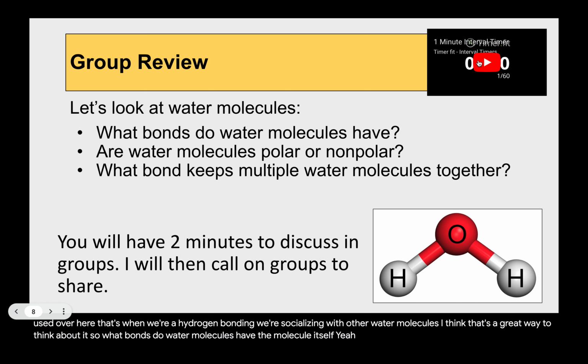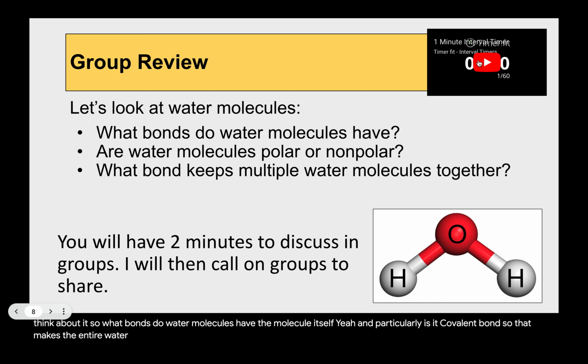Covalent, yeah. And particularly, is it polar or non-polar? Polar, yes. A polar covalent bond. So that makes the entire water molecule itself, is it polar or non-polar? Polar, yes. And then what bonds connect the water molecules together? Hydrogen bonds, yes.